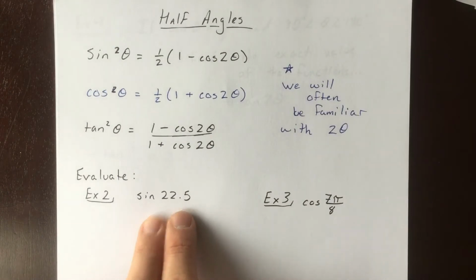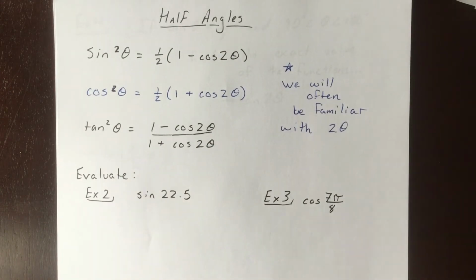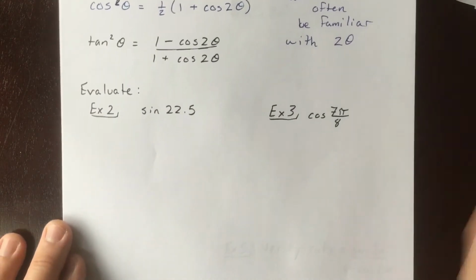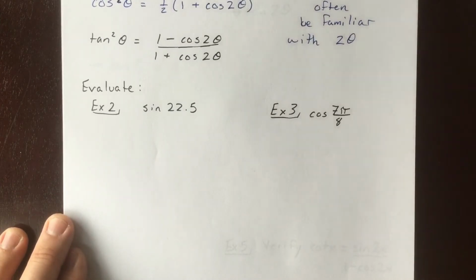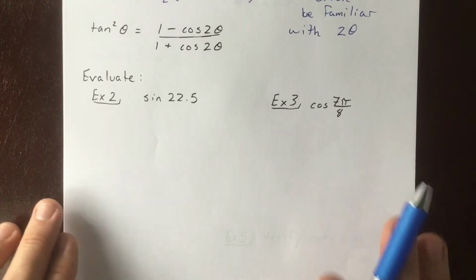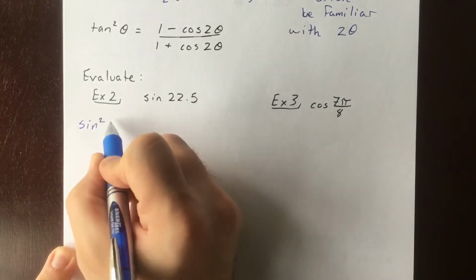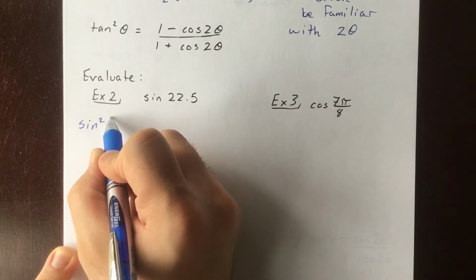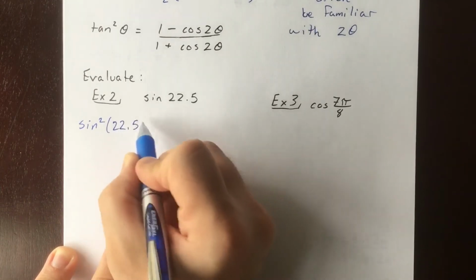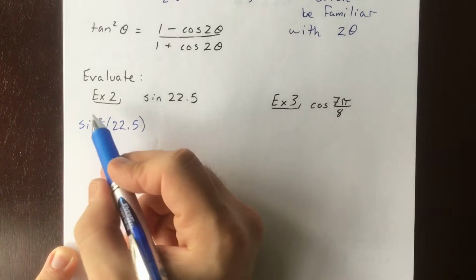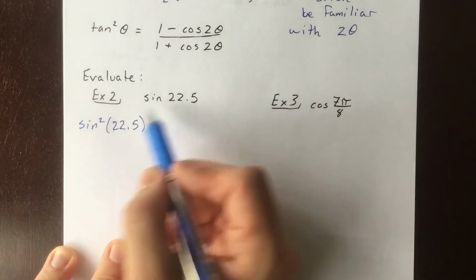So now let's examine this. Sine of 22.5. How do we interact with that? Well, it's sine squared for the identity, which simply means that at the end we're going to have to take the square root to get back to sine.